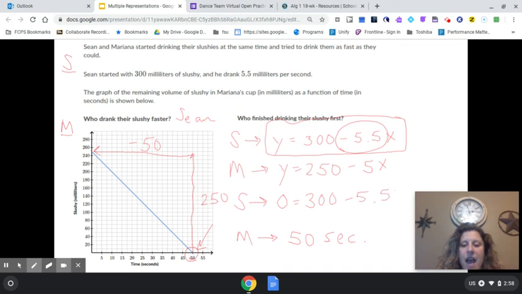I'm going to add 5.5x to both sides. So we would get, and I'm going to write it up here, 5.5x equals 300. And we need to divide both sides by 5.5.